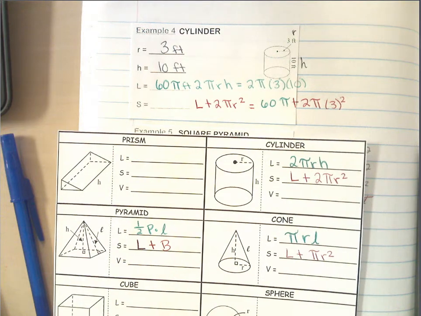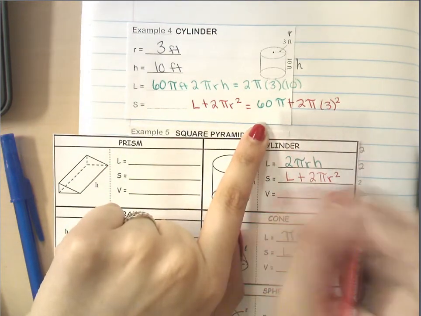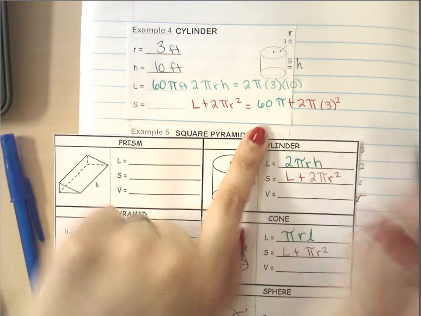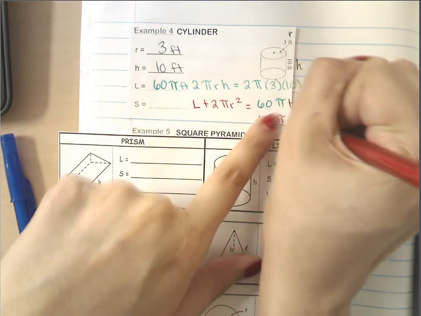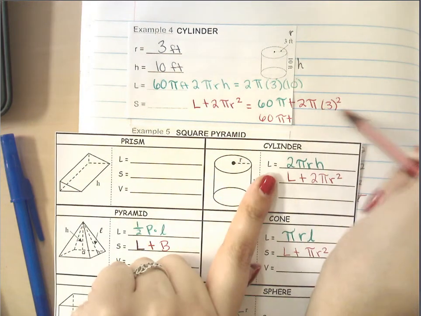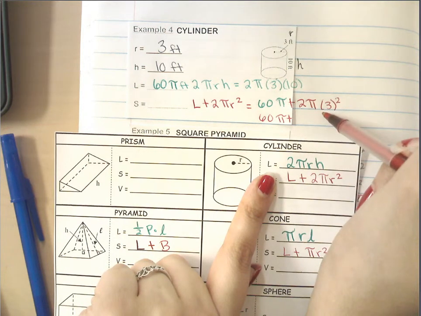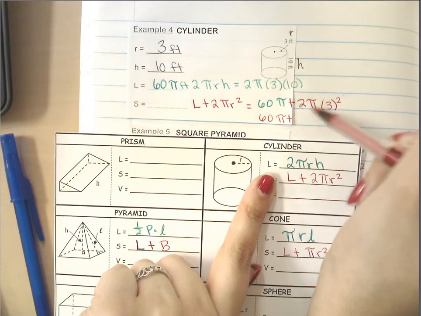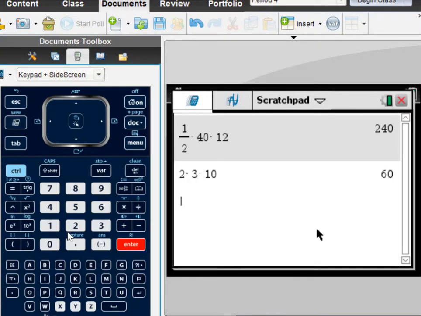Okay, so I cannot type this into the calculator yet. I'm going to have to multiply this thing, so my 60 pi stays. 60 pi plus, I have to multiply just the numbers on this side of the plus sign. So 2 parenthesis 3 squared. I'm ignoring the pi for right now. So 2, ignore the pi, parenthesis 3 squared.